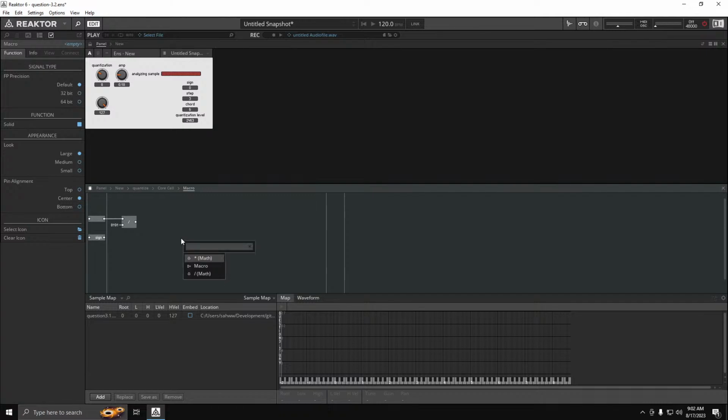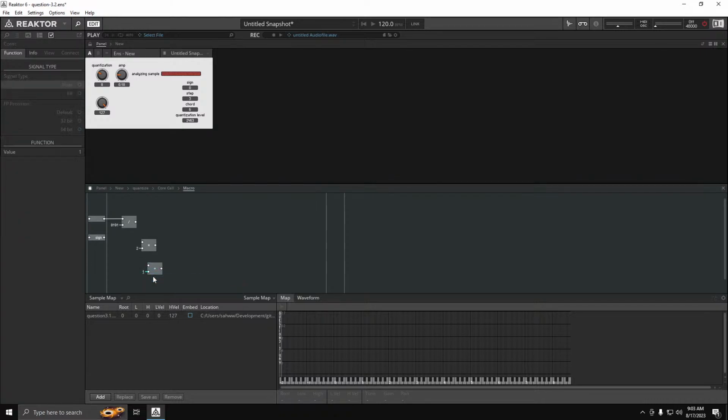Times it by 2 to get the range from... No, I gotta add... Hang on. This will make sense in a second. I'll add 1. So now, instead of going from 0 to 1, it's going from 1 to 2.